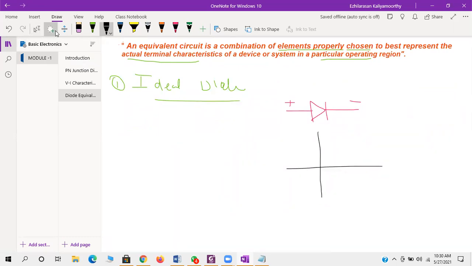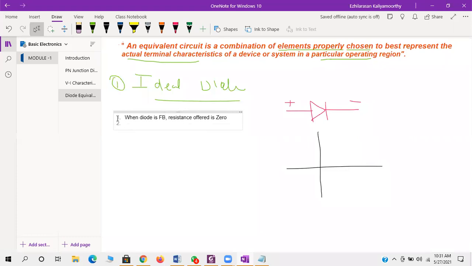Now, what is the first point we can say here? When the diode is forward biased, the resistance offered is 0.